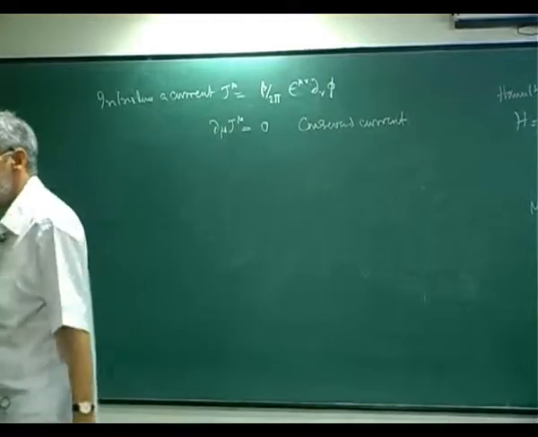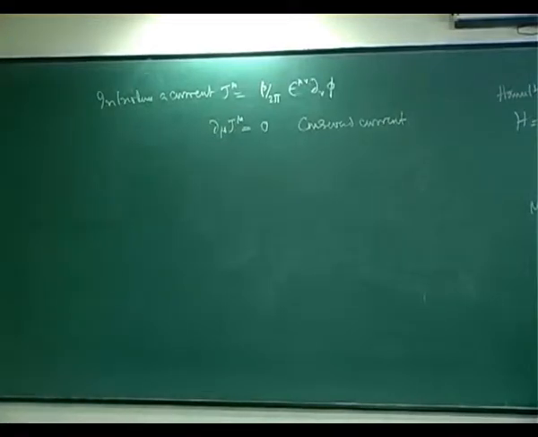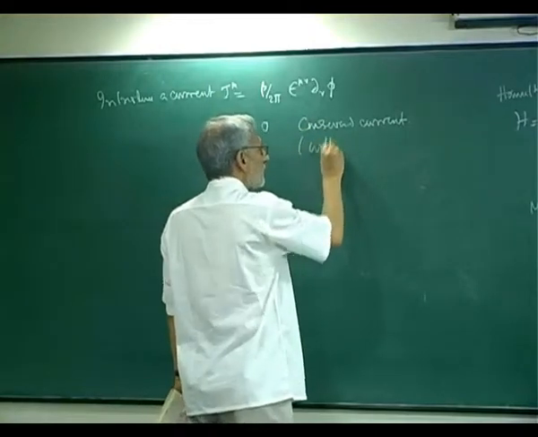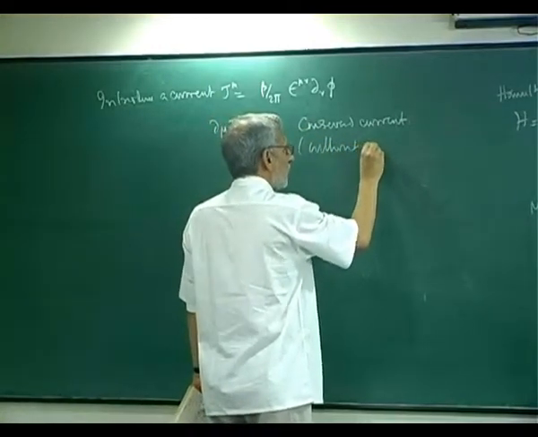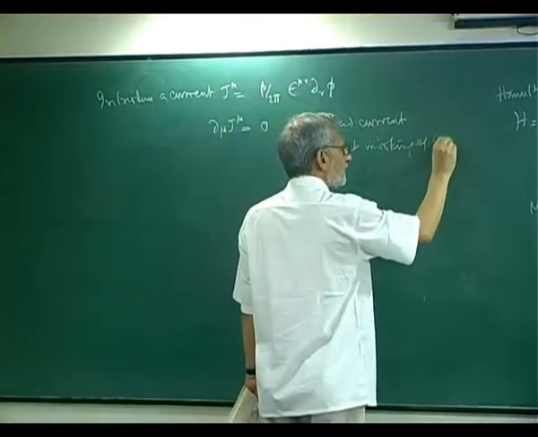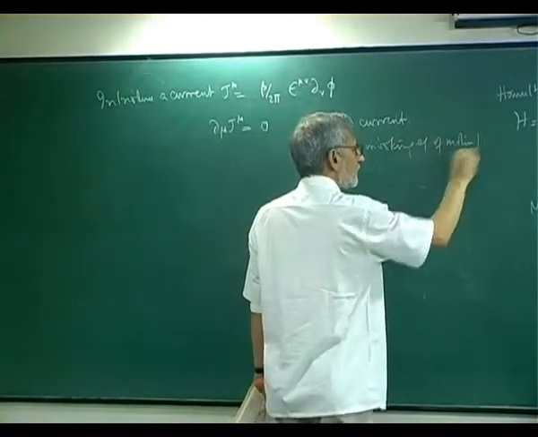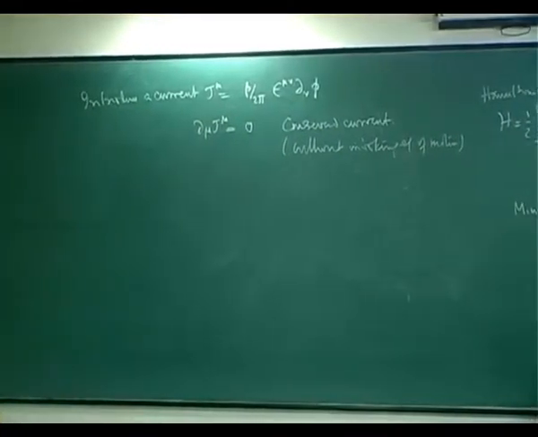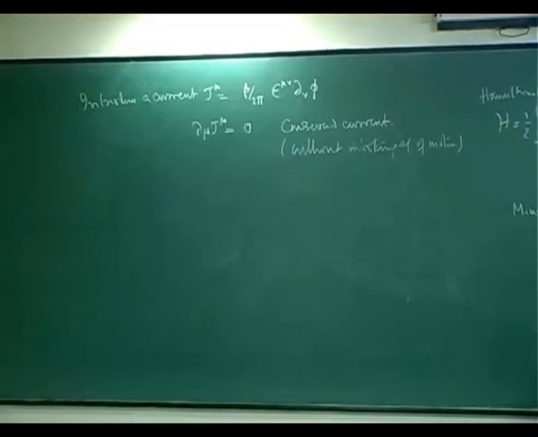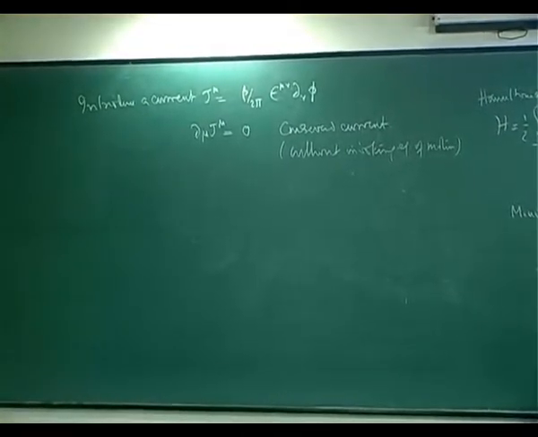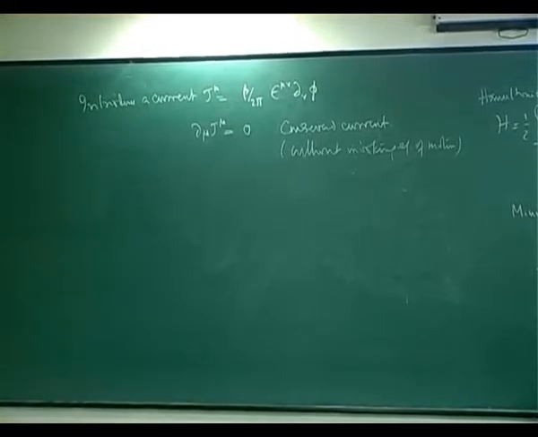Another nice property of this current is that it is conserved without invoking equations of motion. So this current does not represent any continuous symmetry of the theory, because that's what Noether currents represent.